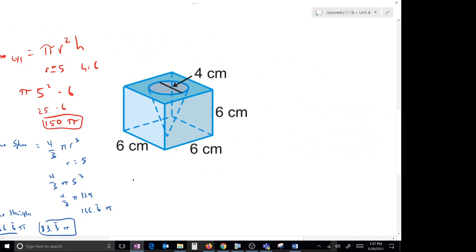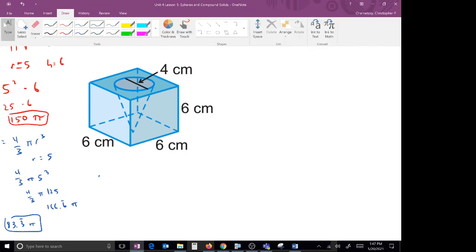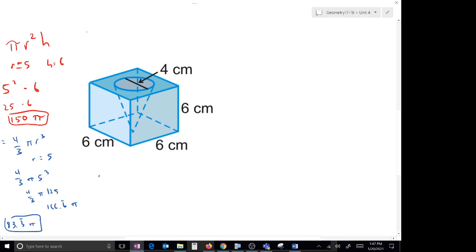Our second example here is a prism with a cone cut out of it. So the volume of our prism is the area of the base times the height. Our base is just a square, 6 by 6, so B is equal to 36, so we got that part.